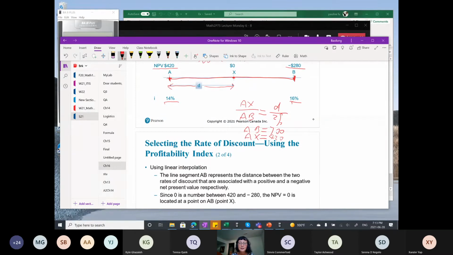Okay. So now from here, you get D over 2% equal to 420 over 700. One equation, one unknown. You can solve for D. Okay, D equal to 420 over 700 times 2%.